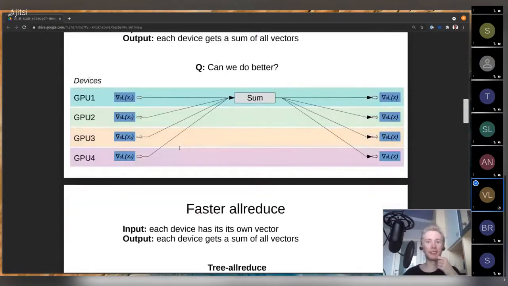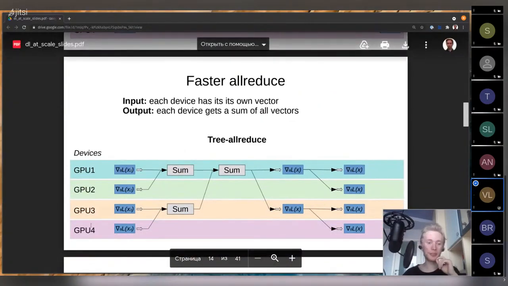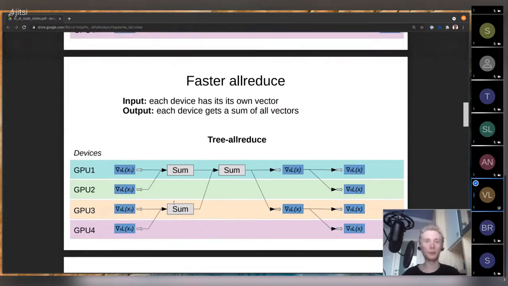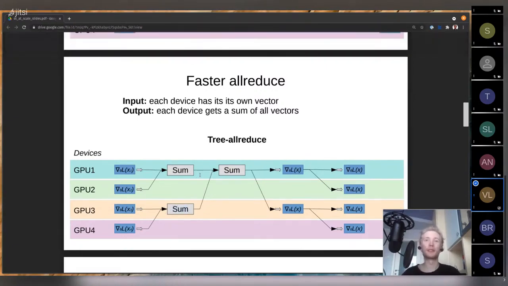We can separate our set of GPUs into shards, so into subsets, and each shard is going to have its own leader that is going to sum up the values in this shard. And then this is going to be sent to a central node to sum it up completely.